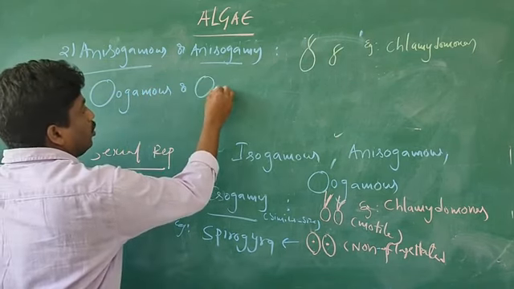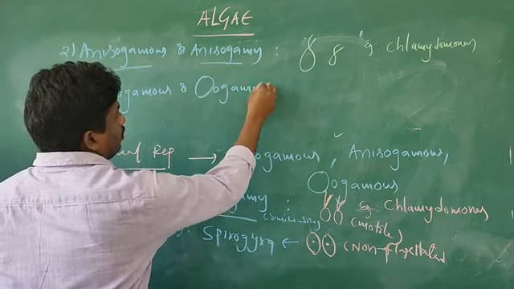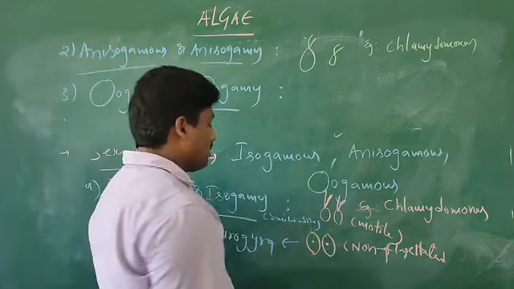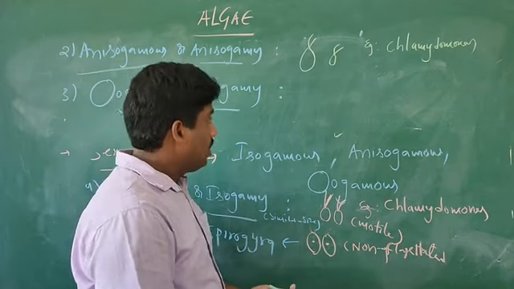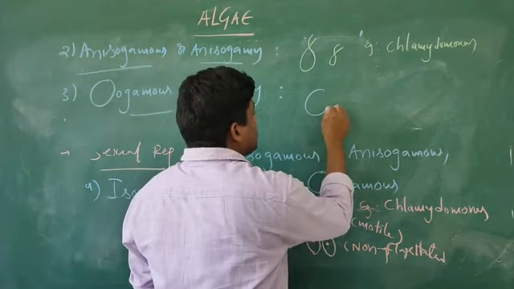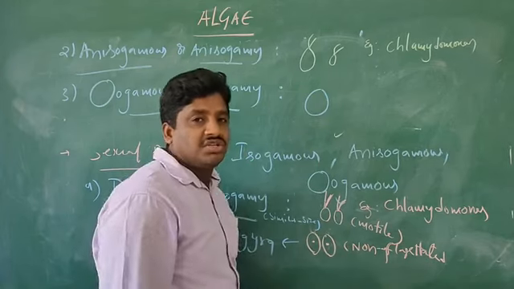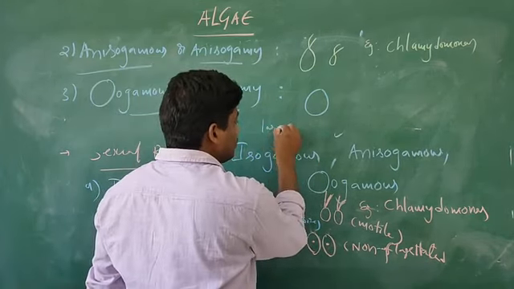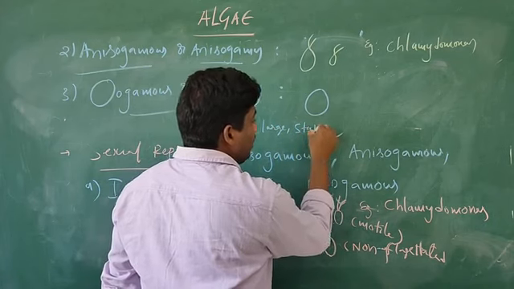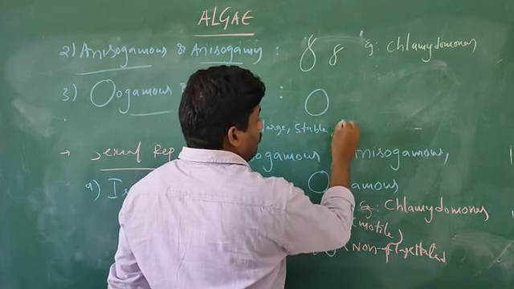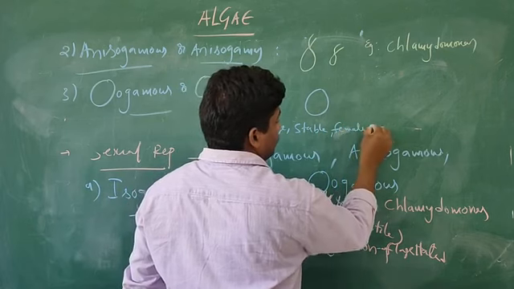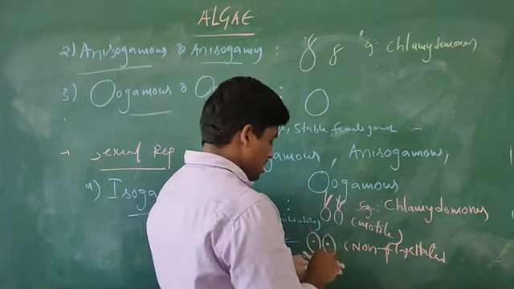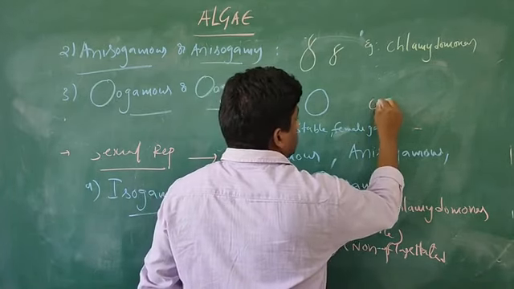Next, the third type we call oogamous, or oogamy. Oogamy. So how is it? See, here one large stable female gamete, and another one, the male one.